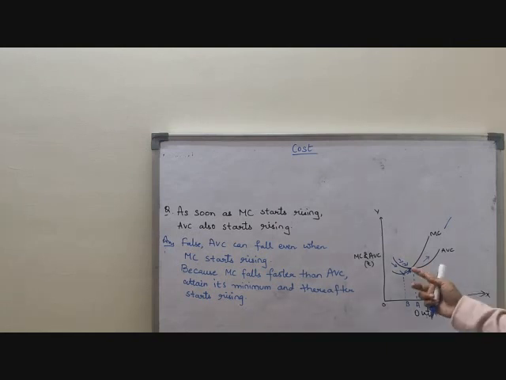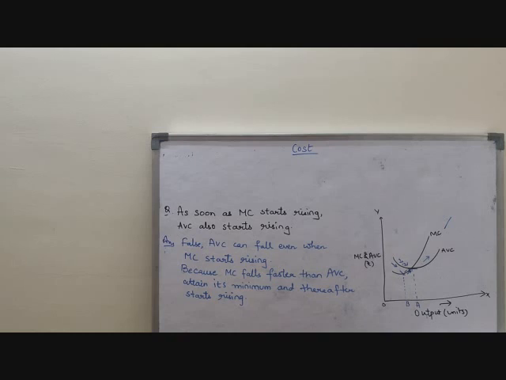So when both are falling, the marginal cost curve will fall faster and attain its minimum. Marginal cost has already attained its minimum point and then it is rising, and average variable cost is falling slowly. So marginal cost falls faster than average variable cost, attains its minimum here at point B and thereafter starts rising.